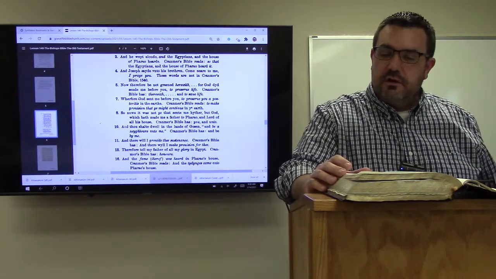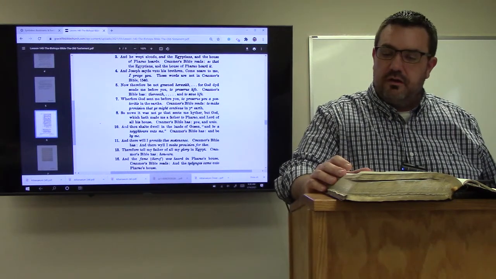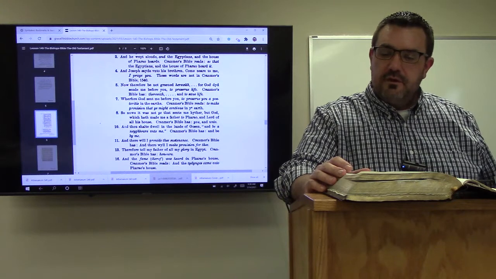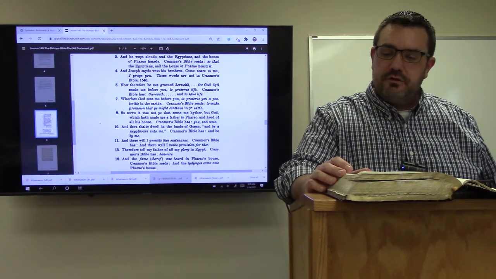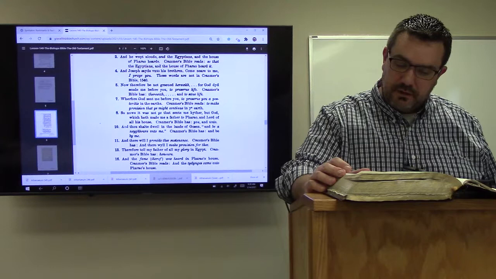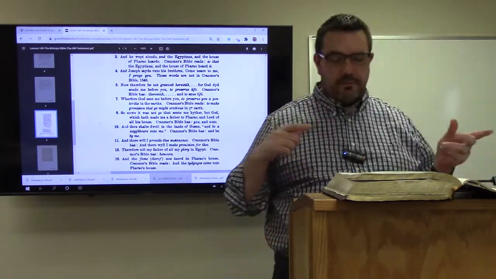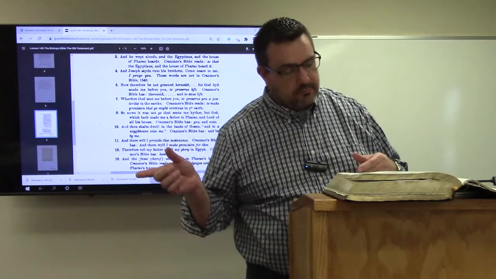King James: Then Joseph could not refrain himself before all them that stood by him, and he cried, cause every man to go out from me. And there stood no man with him, while Joseph made himself known unto his brethren. So the point here is, is there a change here in the Bishop's Bible from the Great Bible?